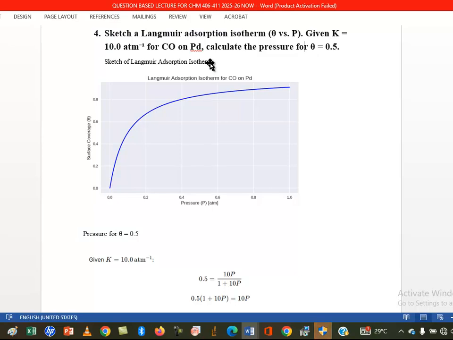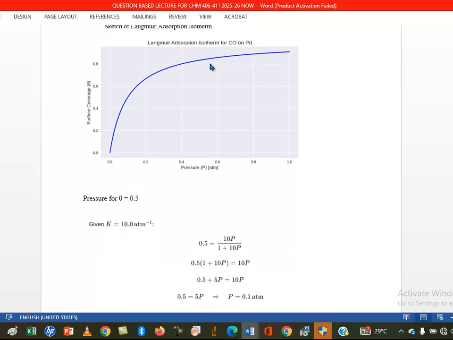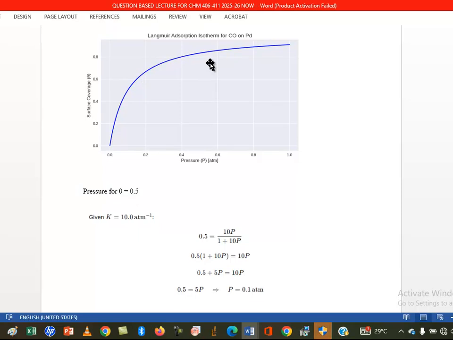So 0.5 equals 10p over 1 plus 10p. And then you make p the subject of the formula. When you do that, you get this, so then you get your answer. So try it out.